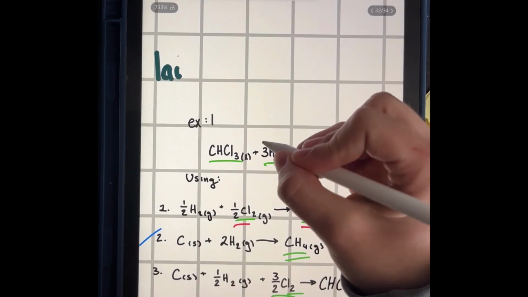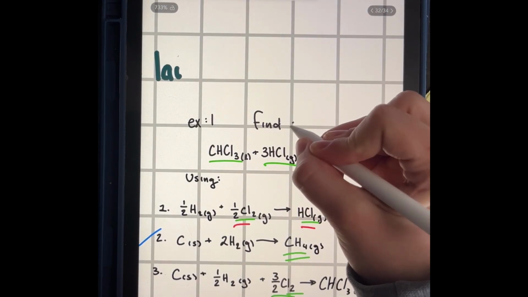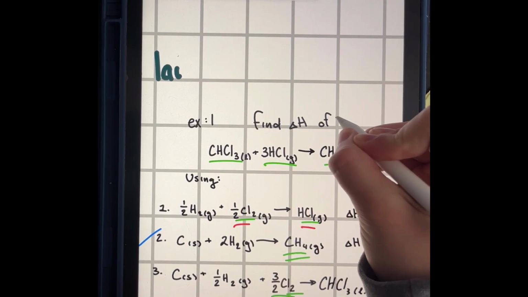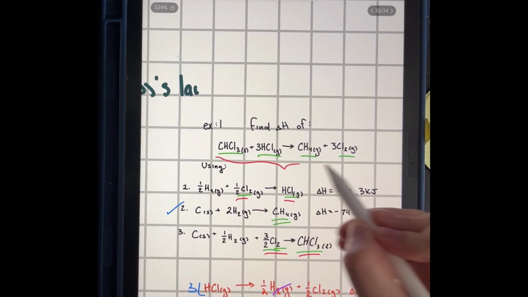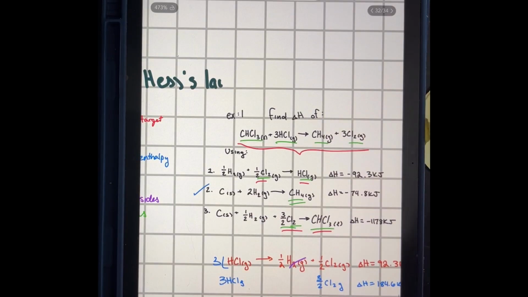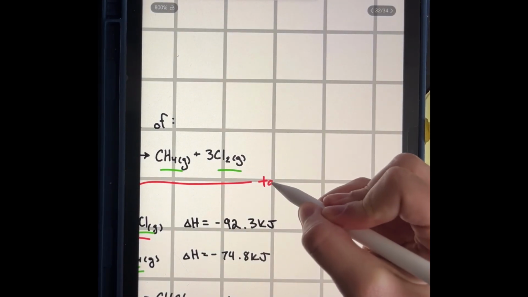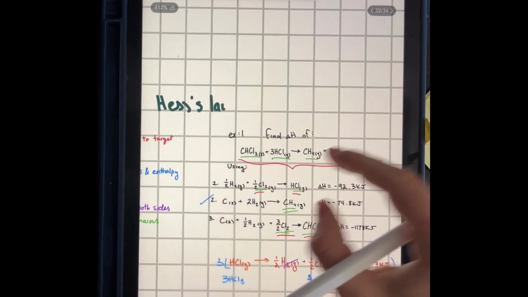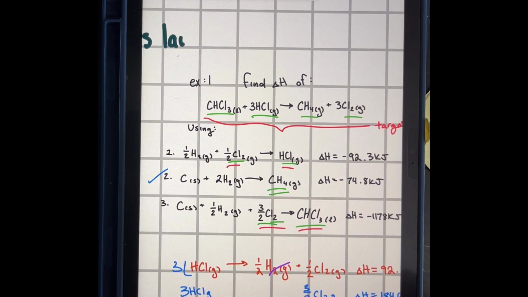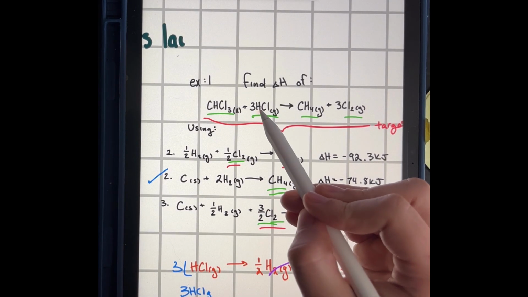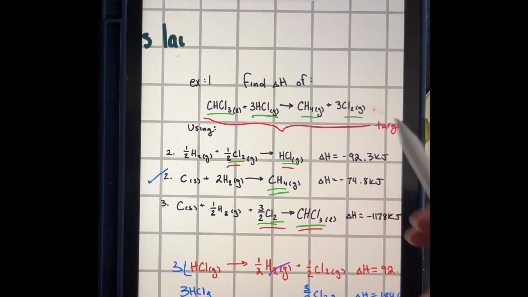So we want to find the enthalpy. Basically what this is asking is to find the enthalpy of this equation right here. This is our target. So what are some elements that we have in our target? We have CHCl3, we have HCl, we have CH4, and we have Cl2.